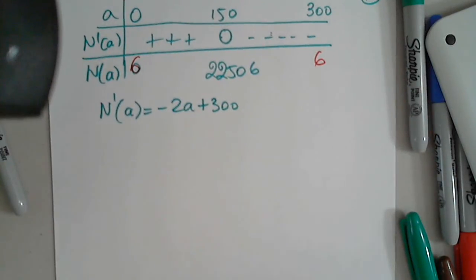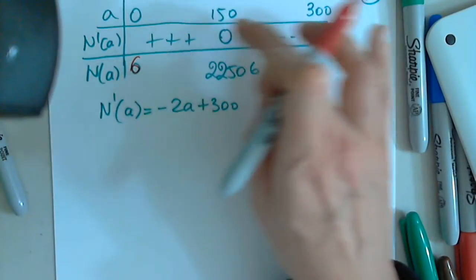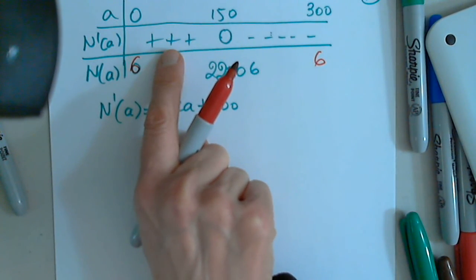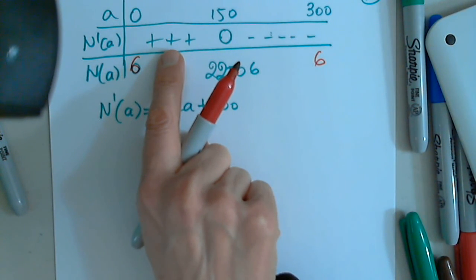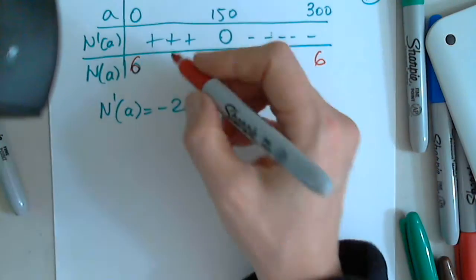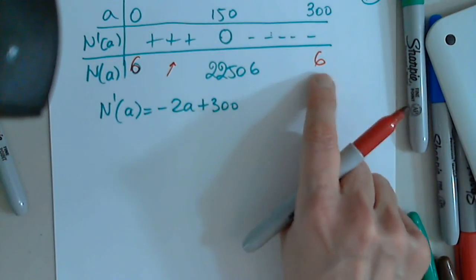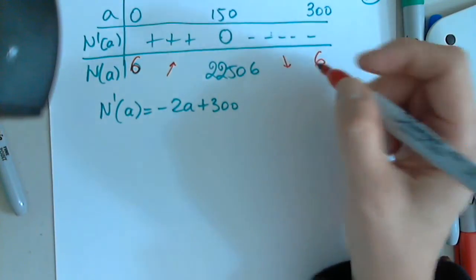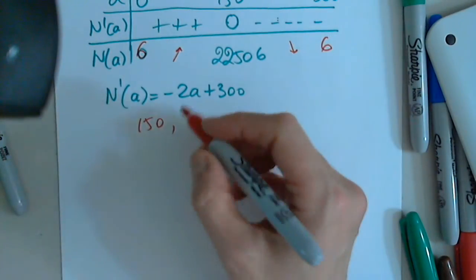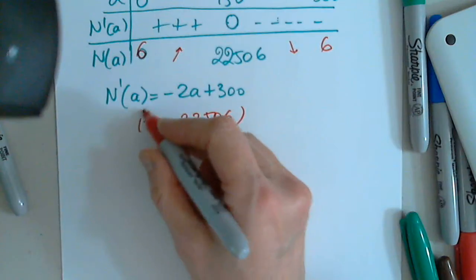Yeah, good. So now we established the sign of the derivative. So what does the function do here when the derivative is positive? Increases. Is it increasing from 6 to 22,506? Yeah. And is it decreasing back to 6? Yes. What type of point is this? Yes, 22506.